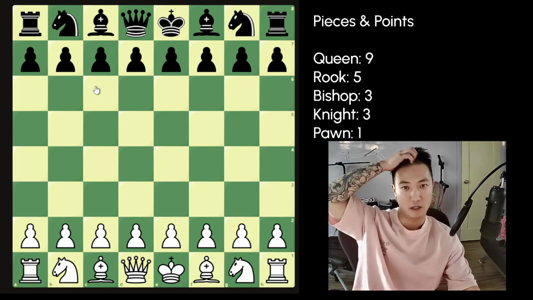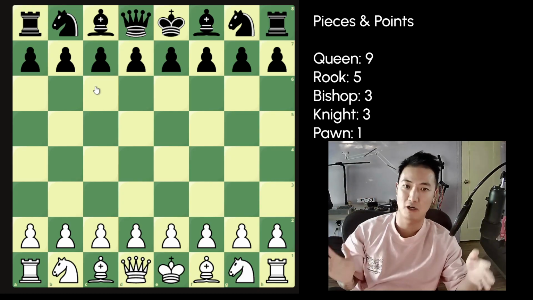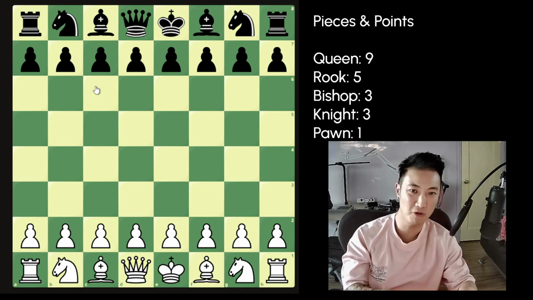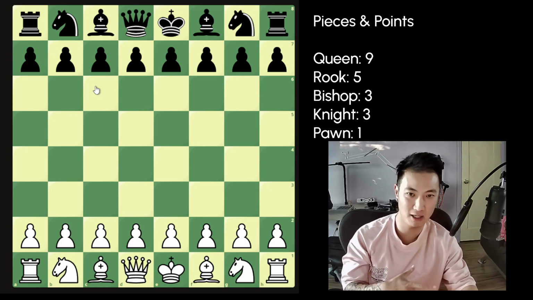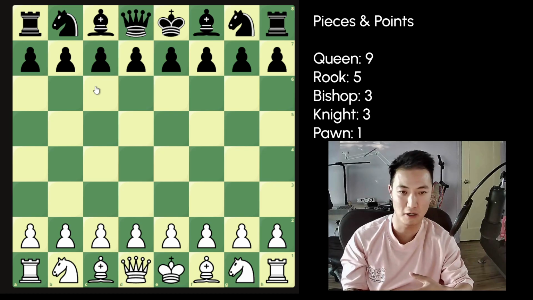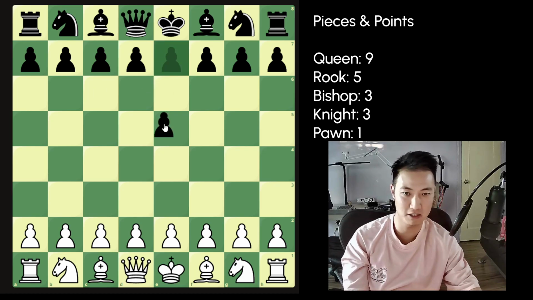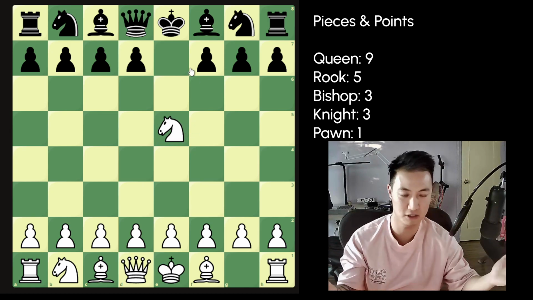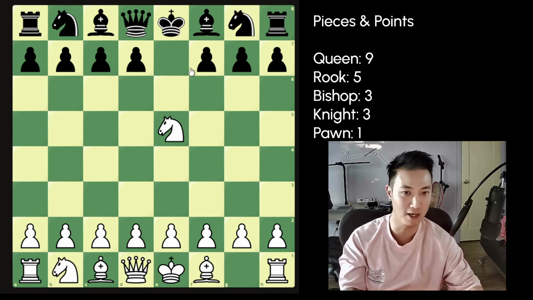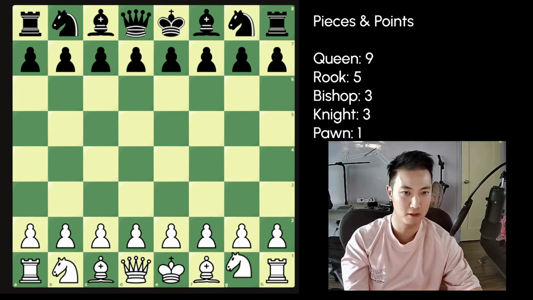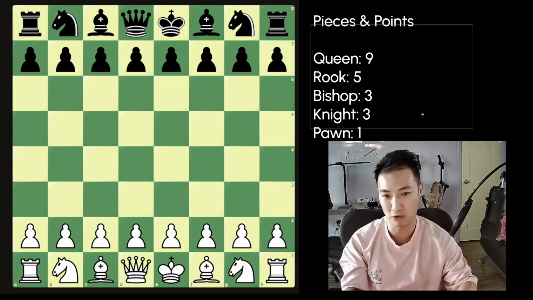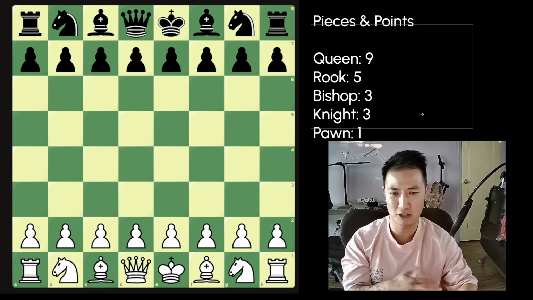Pieces and points. This is just a system to help you calculate what pieces are worth in terms of capturing and trading pieces. You can capture pieces, right? Like if an opponent moves here and their piece is right here, you can take this pawn, and this pawn just disappears off the board. You've captured that piece. This point system is just to help you remember what pieces are worth in terms of trading.